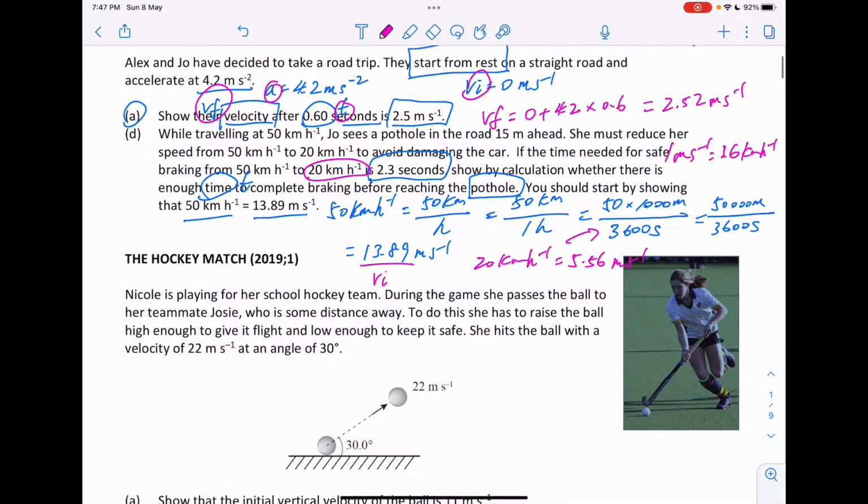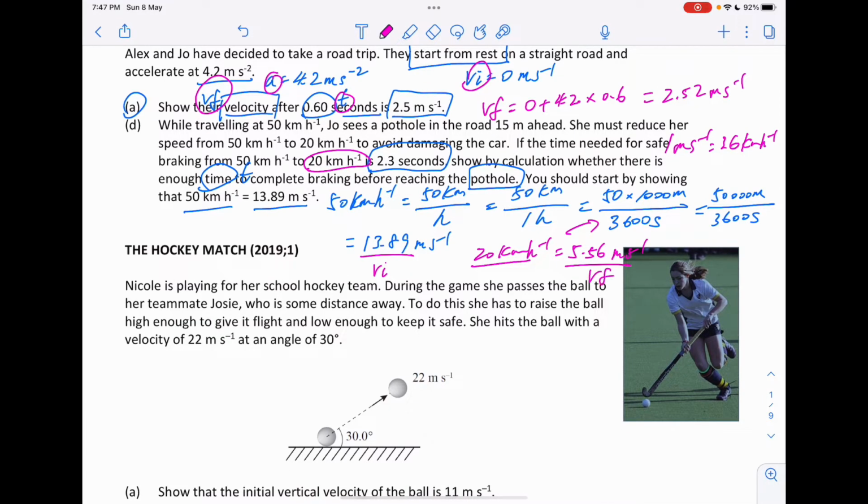So now we got this VF. We're looking for the time, and we're going to use this time to compare with 2.3 and see if the time needed is safe for the car to brake.